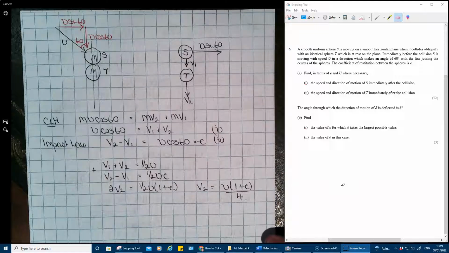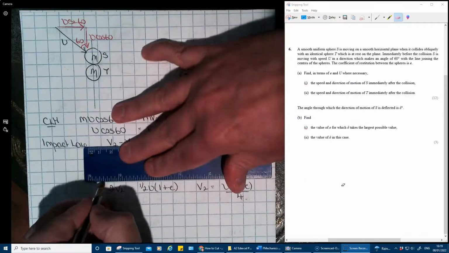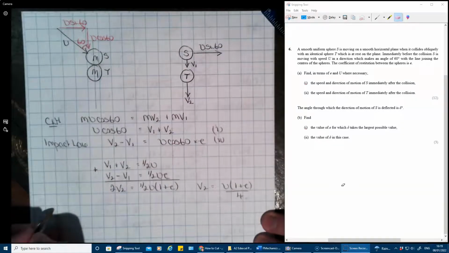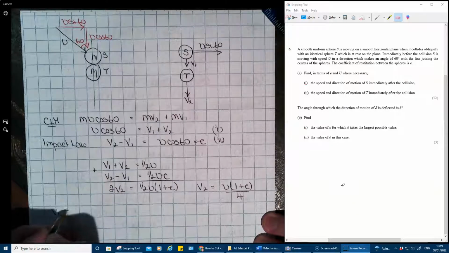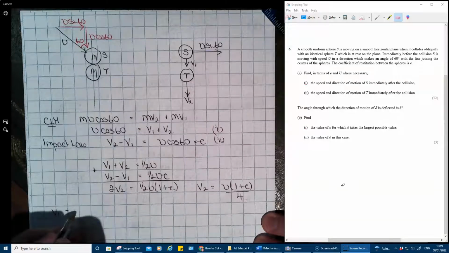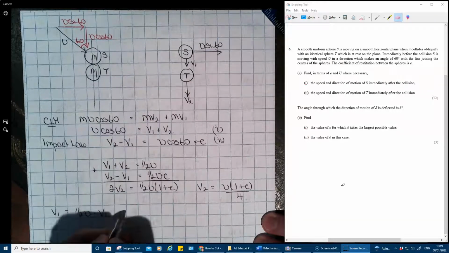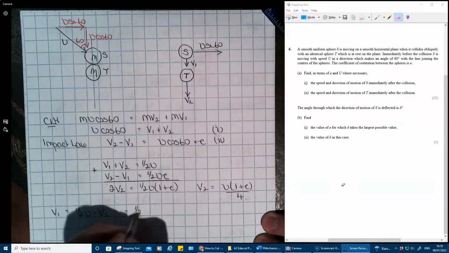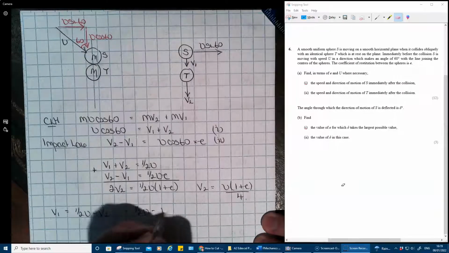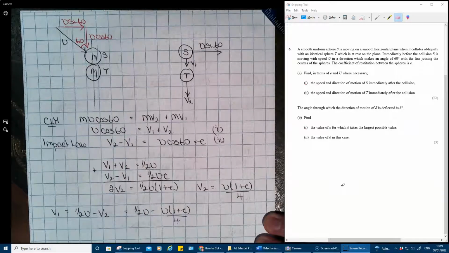And for v1, we can substitute back. Rearranging the first one, v1 equals a half u take away v2, so it's a half u take away u(1 plus e) over 4.